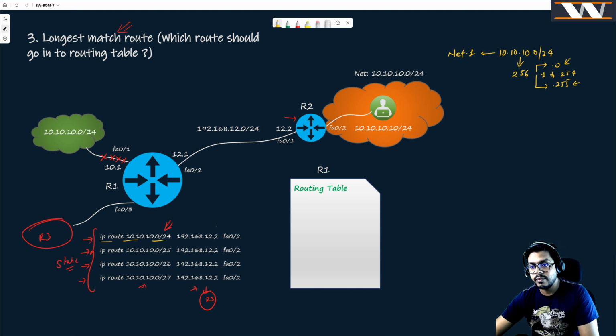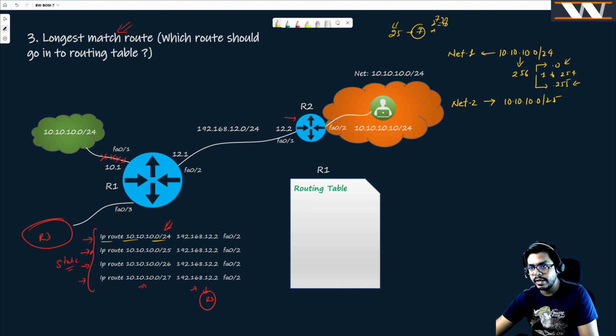Now let's talk about what we are changing. We are changing the network bits. Now it is becoming /25, right? So 10.10.10.0/25. Now you can understand that the host bits are going to be 7. Network bits are 25 because here we write down the network bits after the slash. The host bits are going to be 7. It means 2 to the power 7, which is 128.